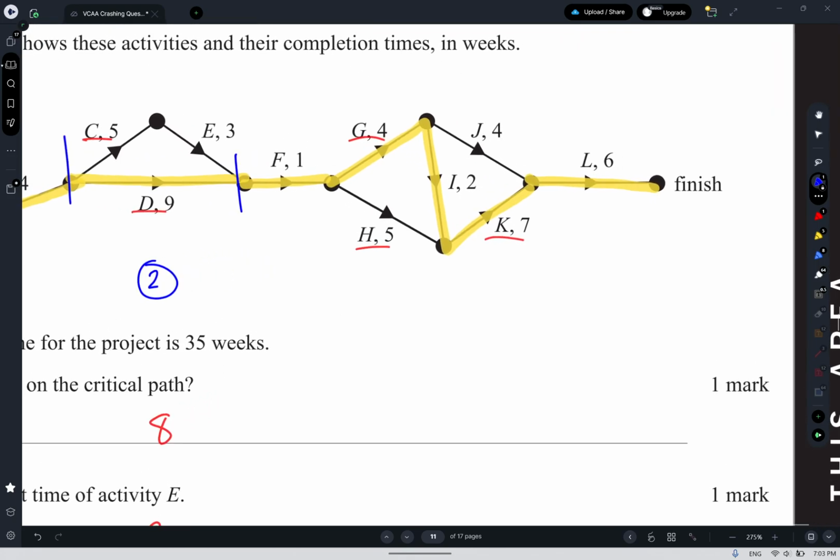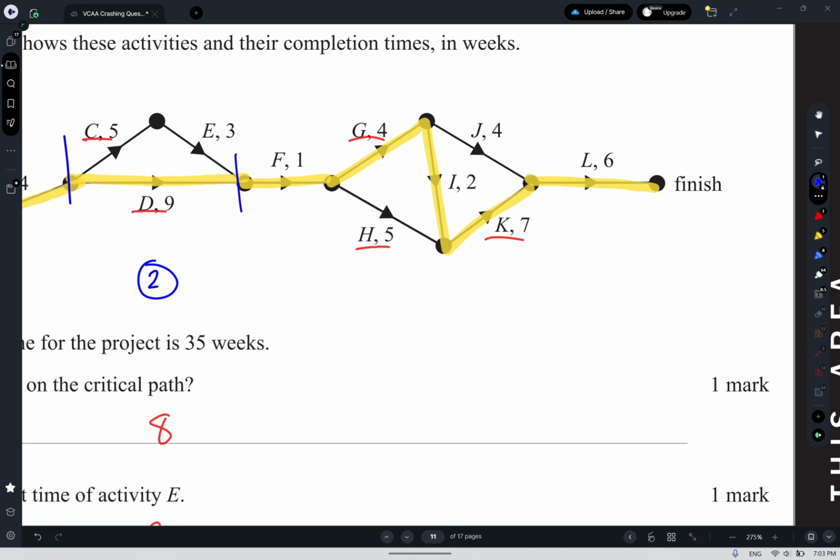Reducing G, H, and K all by 2: G would have become 2, H would have become 3, and K would have become 5. Then my old critical path would be 2, 2, 5, which would be a total of 9. HK would be 3 and 5, which would be 8. GJ would be 2 and 4, which would be 6.